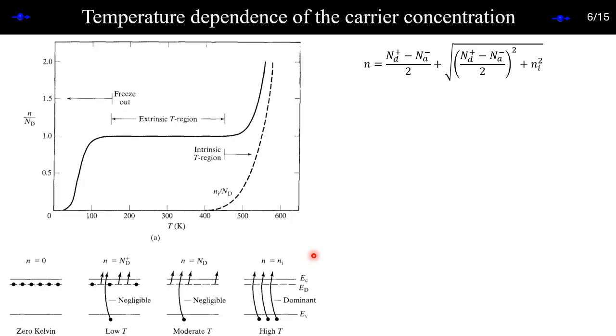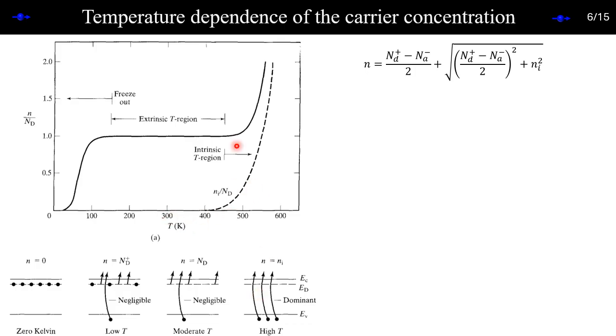Why? If you look at the carrier concentration expression, Ni squared is proportional to T cubed e raised to minus Eg by kT. So you have T cubed dependence and exponential dependence.